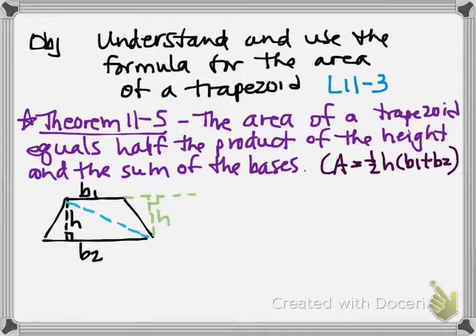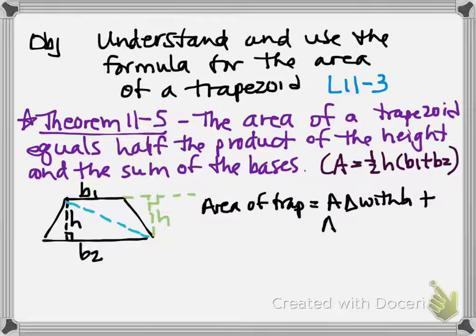So actually, we could say that the area of the trapezoid, using our area addition postulate, is going to equal the area of the triangle with base 1 plus the area of the triangle with base 2.